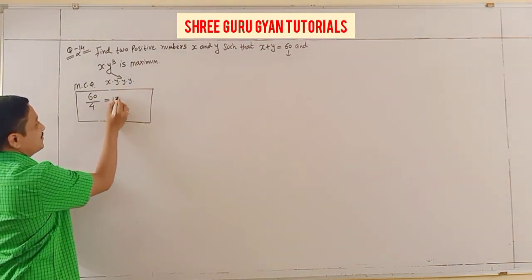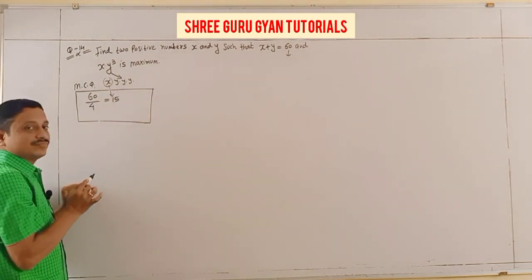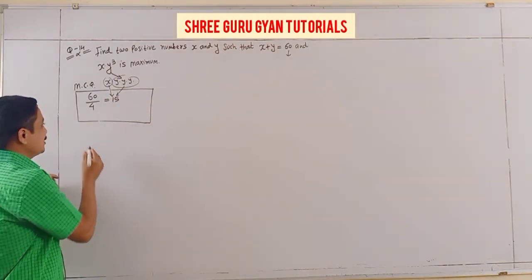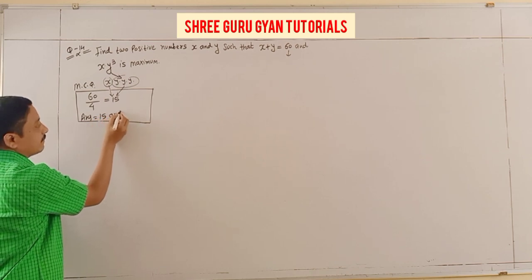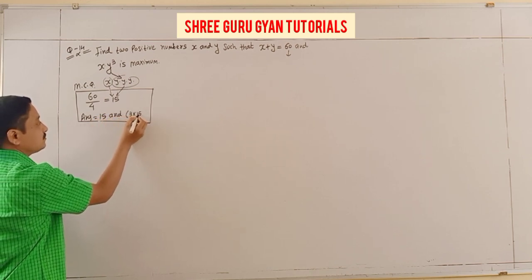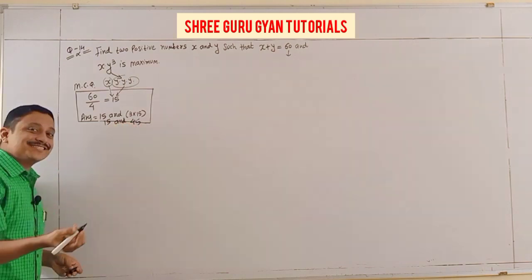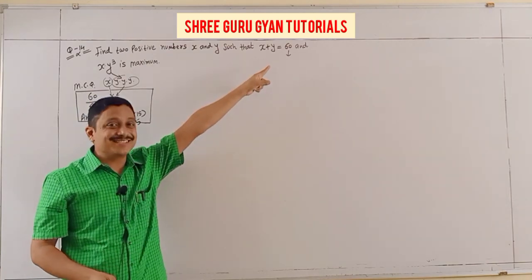The sum is 15. So you take 15 one time here, and 15 for all of these. It means your answer is 15 and 3 times 15, which is 45. Finished. One number is 15, the other is 45, total is 60.